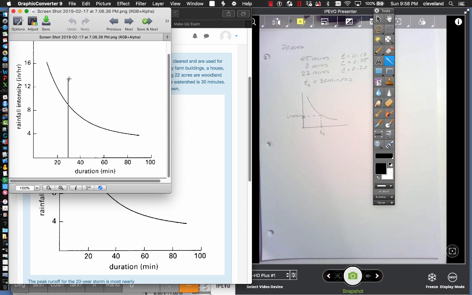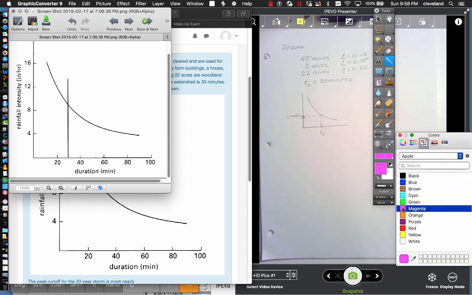So we draw a vertical line up like that, except that I want it more colorful. And the intersection is right there.